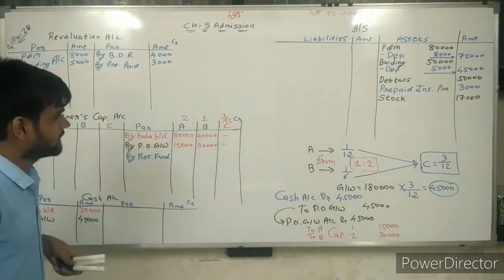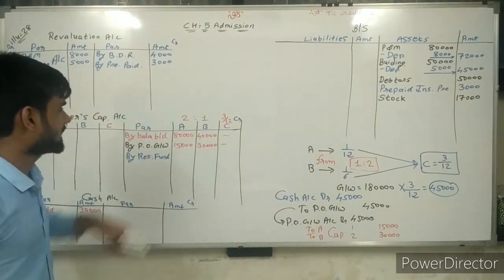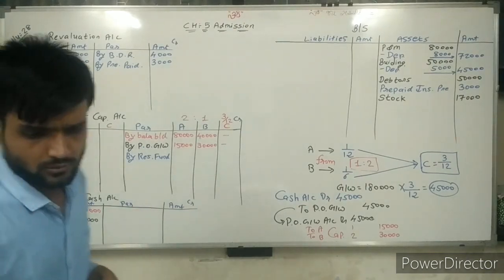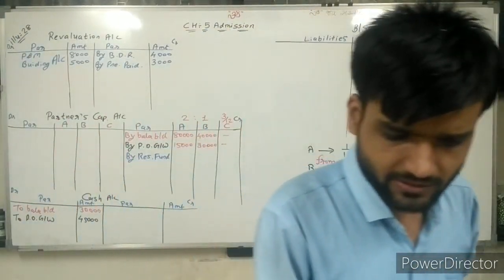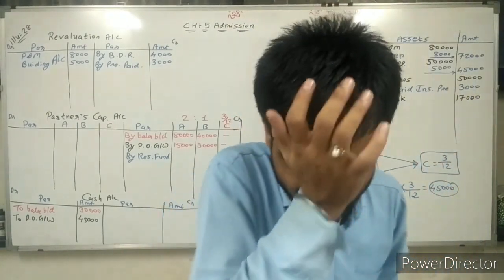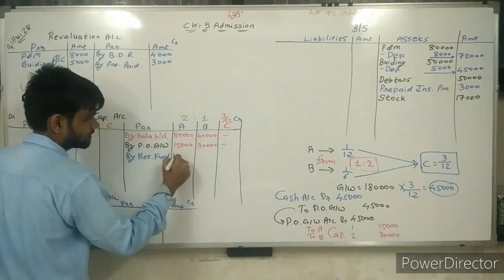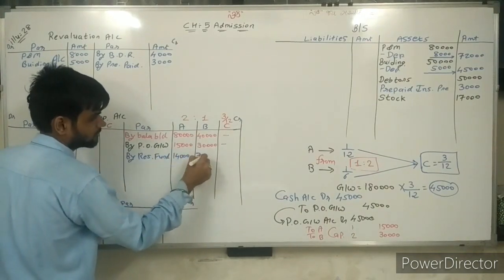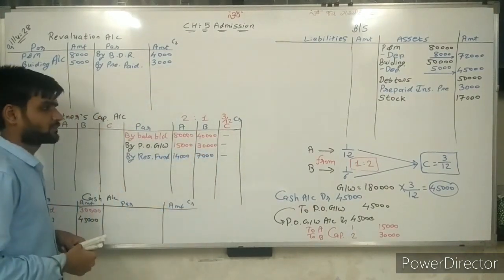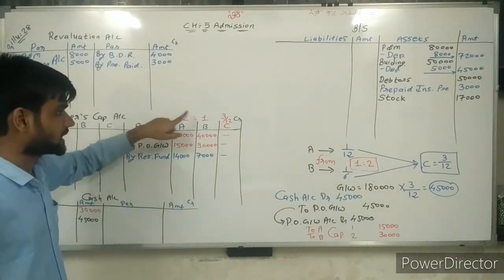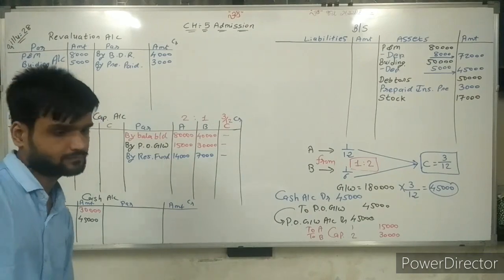And 21,000 is distributed among partners in 2 and 1. So we can write its answer: 14,000 and 7,000. That is, 21,000 into 2 divided by 3, and 21,000 into 1 divided by 3.